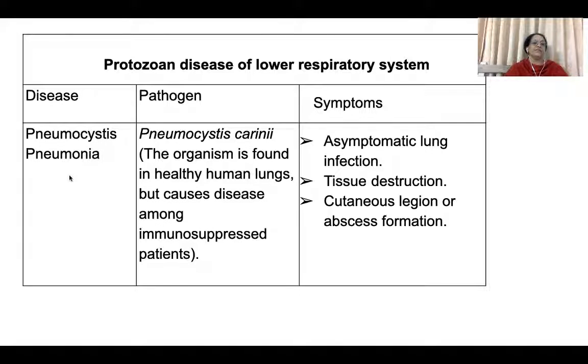Name of the disease is Pneumocystis pneumonia, where it is a symptomatic lung infection with destruction of tissues, and like blastomycosis, there is a cutaneous lesion or abscess formation.